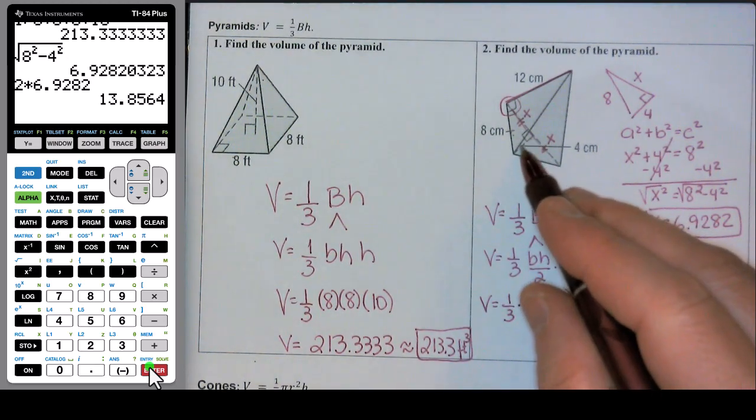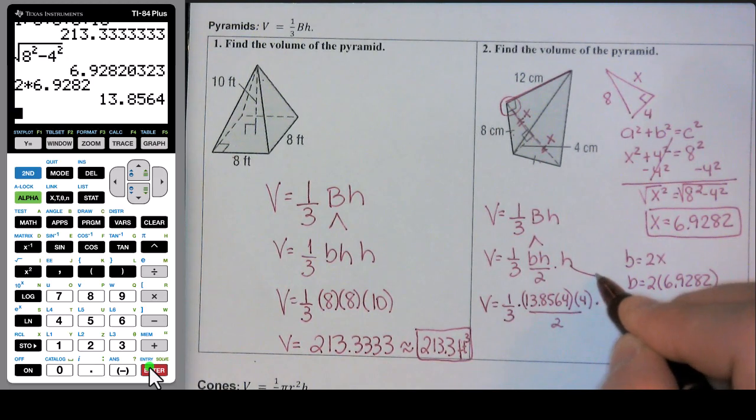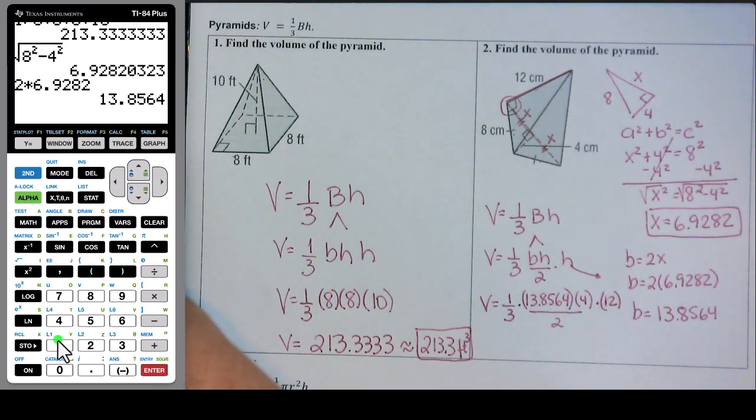The height of the triangle here is 4. And the height of the pyramid is 12. So now that we have all that, let's plug it in.